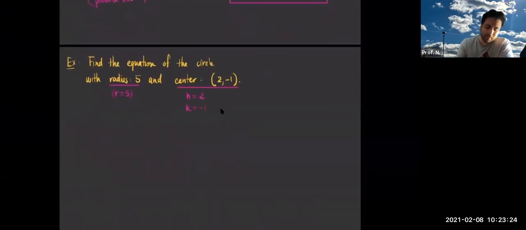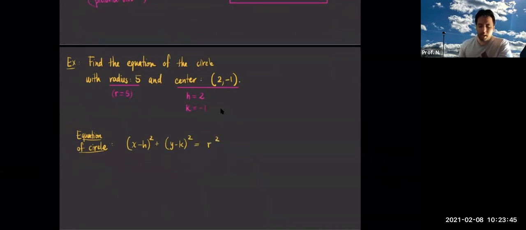And then the equation of the circle has the form x minus h squared plus y minus k squared equals r squared. So all I have to do is plug in the h, the k, and the r. So this will be x minus 2 squared plus y minus negative 1 squared equals 5 squared.